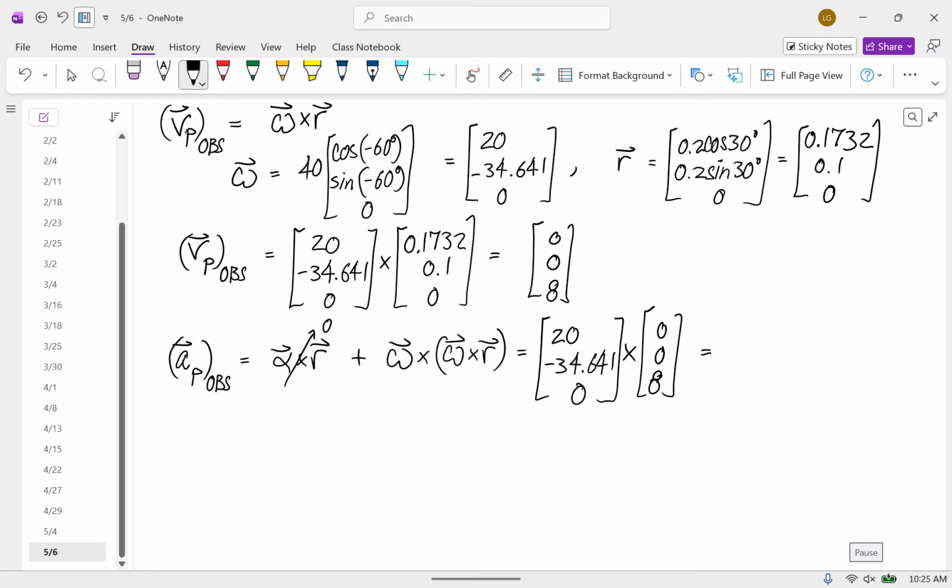And so our observed acceleration is negative 277.13, negative 160, 0. This is meters per second squared.